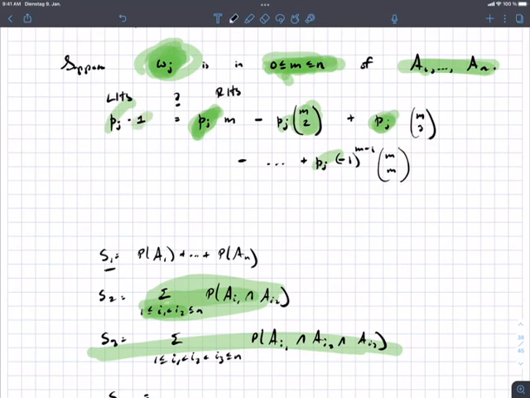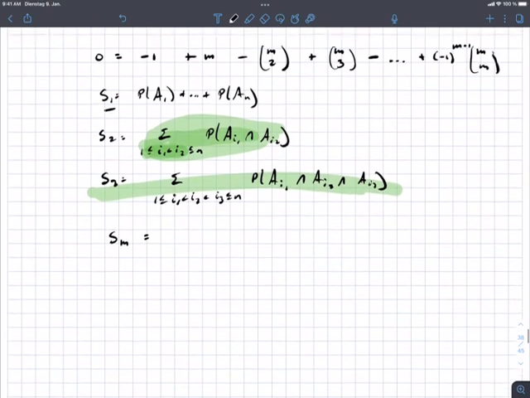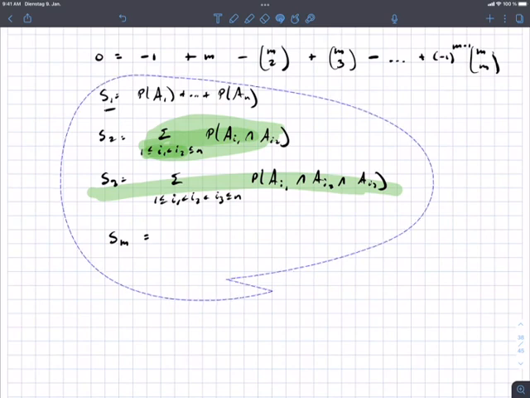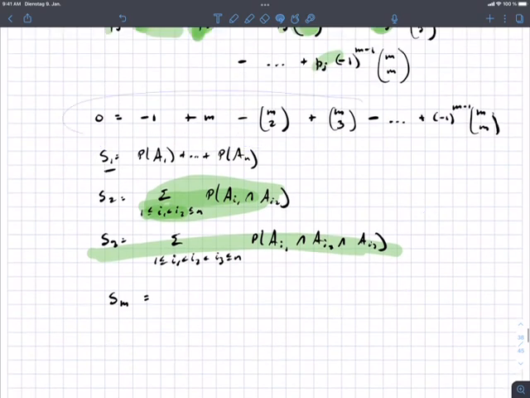So if I bring that 1 over to the other side, it looks like the whole equation looks like minus 1 plus m minus m choose 2 plus m choose 3 minus dot dot dot plus minus 1 to the m minus 1 times m choose m. I guess let me move this down.